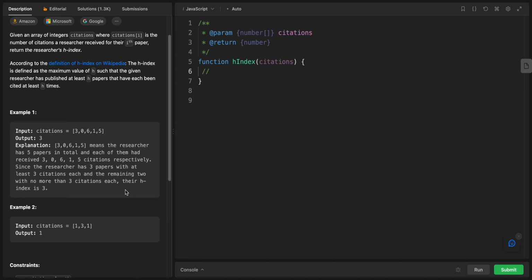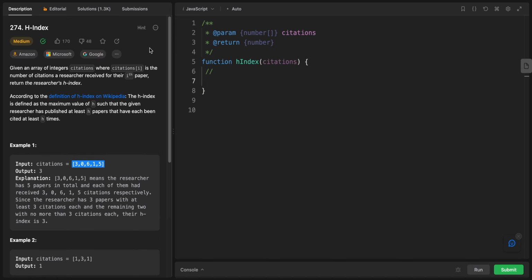So let's try to find this H-Index, because now that we understand it, we need to figure out how to find it. When we talk about the maximum, a good approach is to sort. That's also the hint: sort the array. We make sure that the biggest are at the end and the smallest are at the beginning.